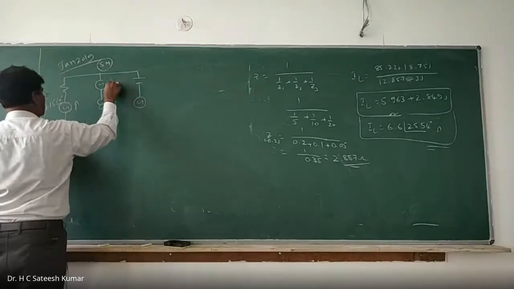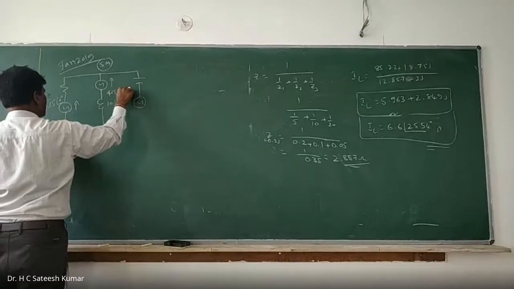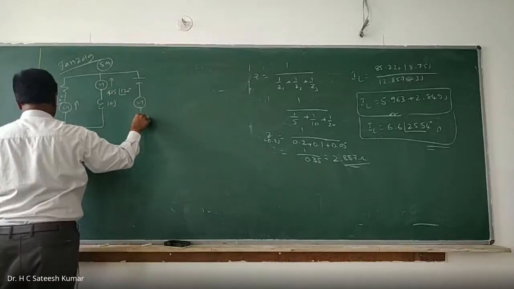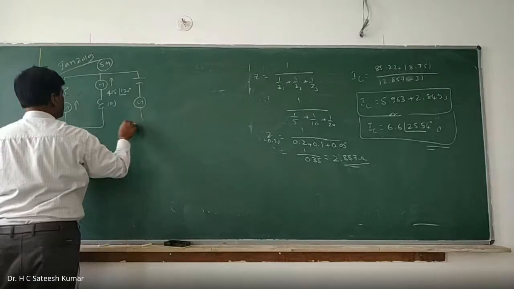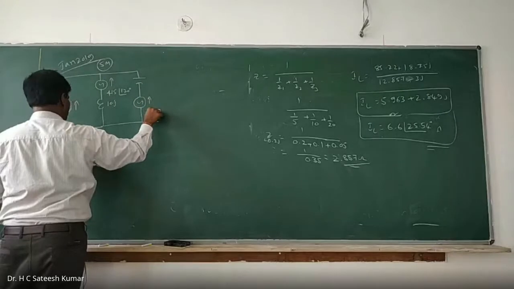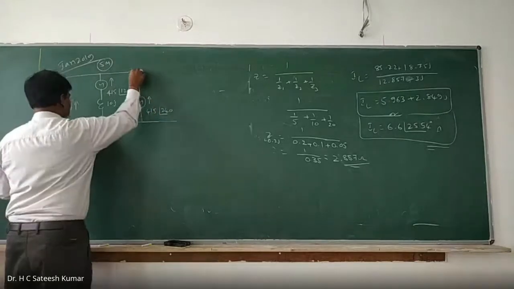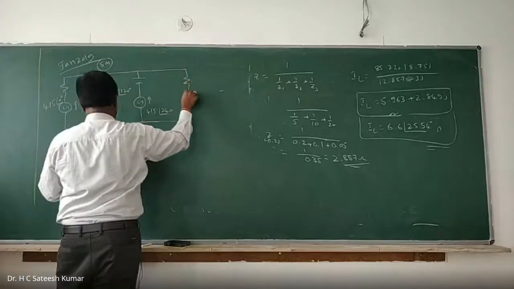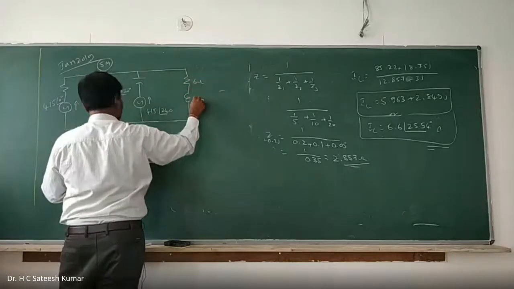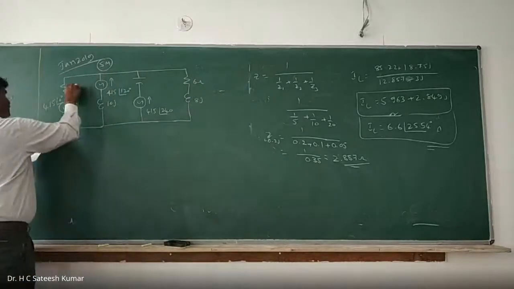RMS is given as 415 at an angle of 120 degrees, and here RMS 415 at an angle of 240, and the load 6 plus 8J ohms. And the resistance here is 10 ohms.